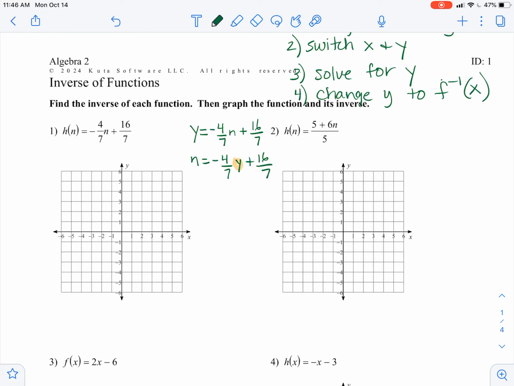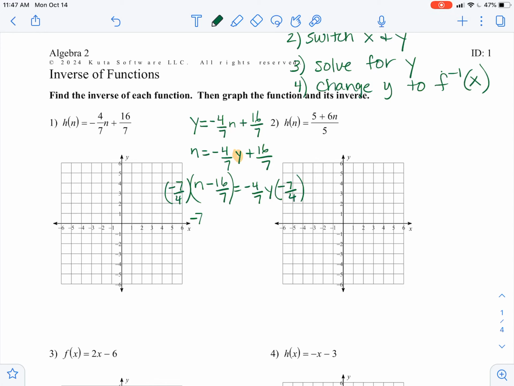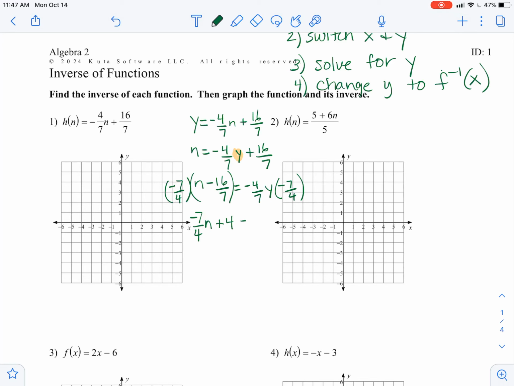So the first thing that I would do would be to subtract the 16/7 over. And then I'm going to multiply by the reciprocal. And this is where I told you I don't know that I gave you guys enough room, so you might want to do this on your own paper. So when I now distribute that, I have a negative 7/4 n plus, and my 7s are going to cancel, and 4 goes into 16 4 times, and that equals y.